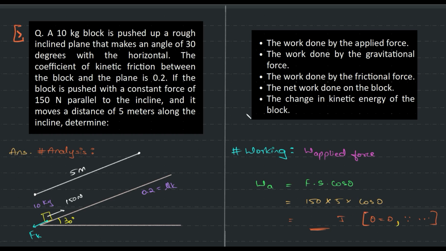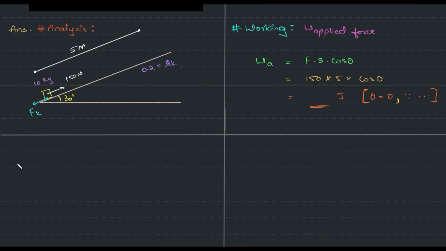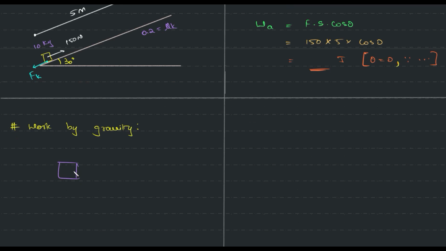Work done by gravitational force. Okay, so work by gravity would look something like this. I need to write all of this, basically this is a free body diagram of the block.